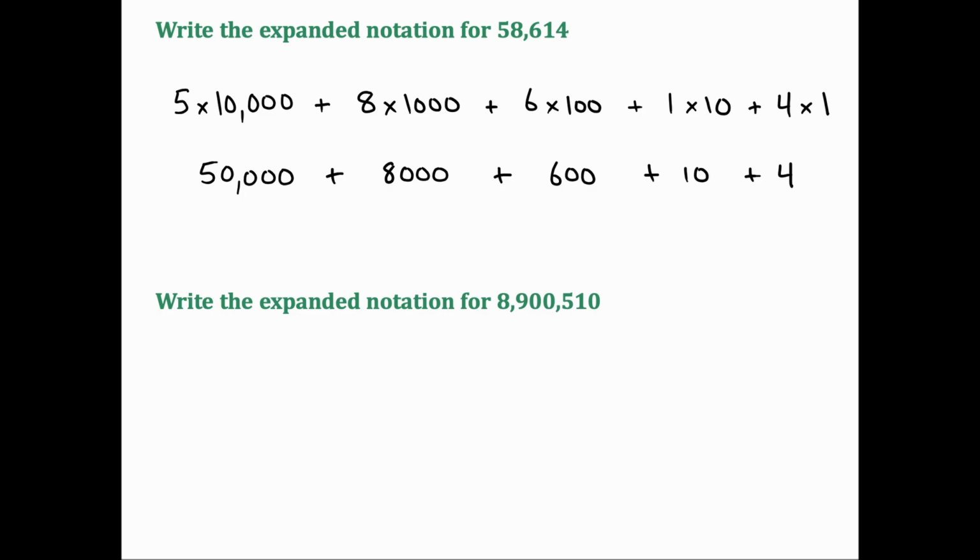Write the expanded notation for 8,900,510. The 8 is in the millions place, so we need 8 times a million. The 9 is in the hundred thousands place, so we need 9 times 100,000.